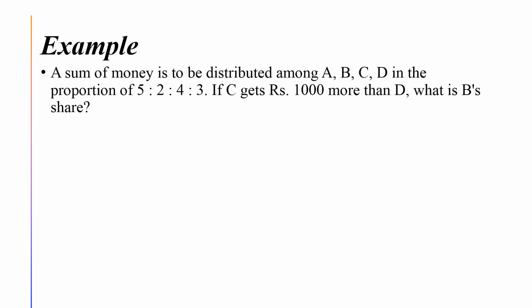They are given the ratio in which some amount is distributed among 4 persons, and they are given the difference between the amounts received by C and D. If C gets rupees 1000 more than D, then the ratio difference between C and D is 1. That is one part. One part is equal to rupees 1000, and they ask you to find B's share.